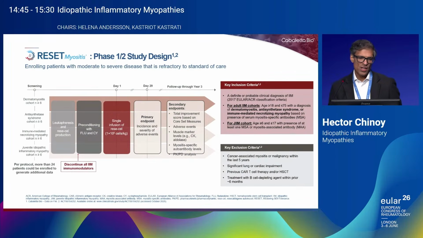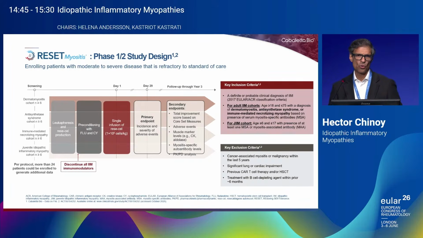I'll give you a few slides from some available data as part of a study, and this is the Cabaletta Reset Myositis study, which was a phase 1/2 study, recruiting patients with IIM, with dermatomyositis, antisynthetase and IMNM, and also juvenile myositis as well.